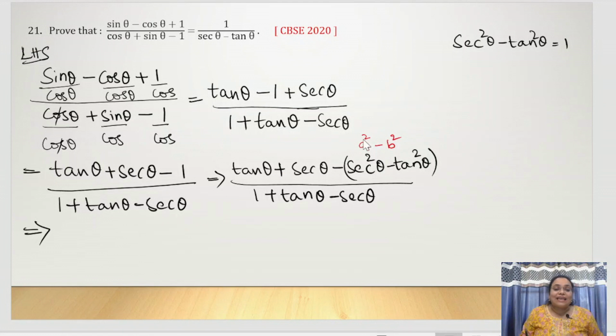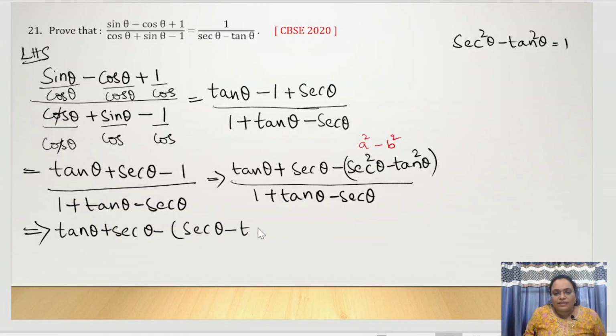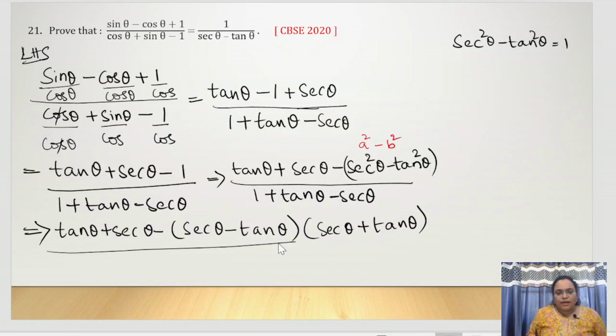I can write it as a plus b into a minus b. Tan theta plus secant theta minus (secant theta minus tan theta) into (secant theta plus tan theta) divided by, this will be same, okay, 1 plus tan theta minus secant theta.